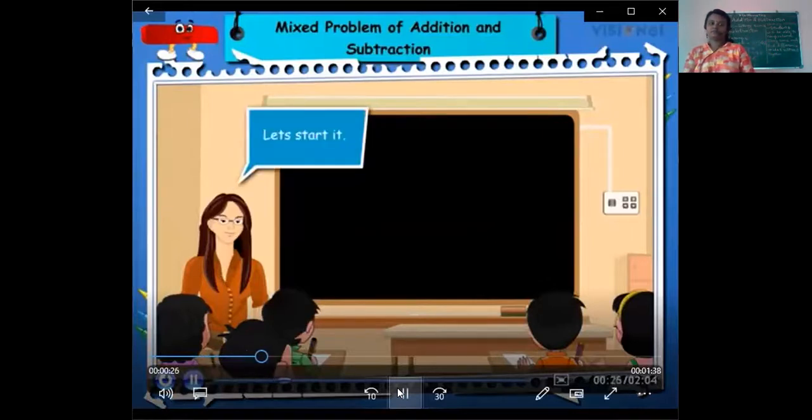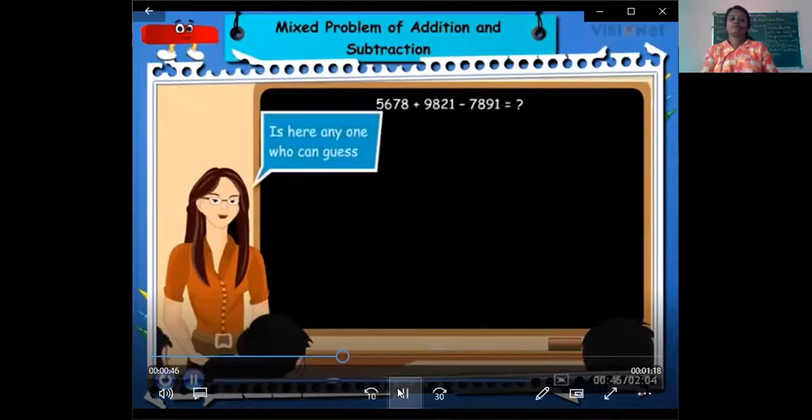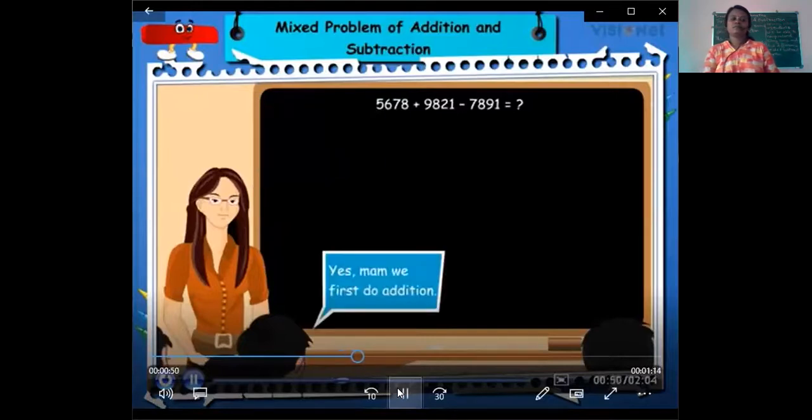Let's start. We first take three numbers: 5,678 plus 9,821 minus 7,891. Here we see both plus and minus are there. Now we solve this in two steps. Is there anyone who can guess what the first step is? Yes, ma'am. We first do addition.